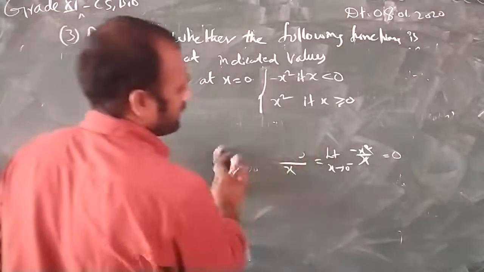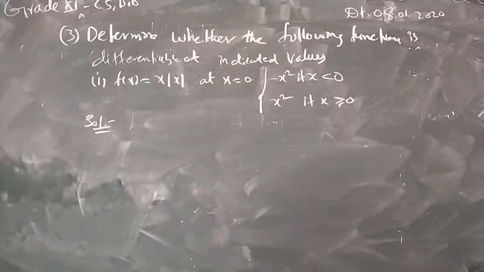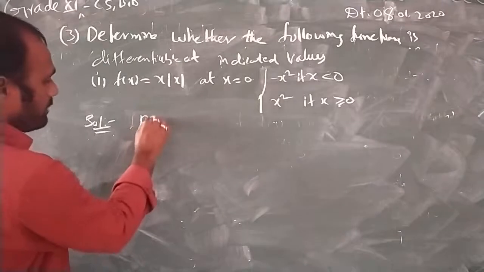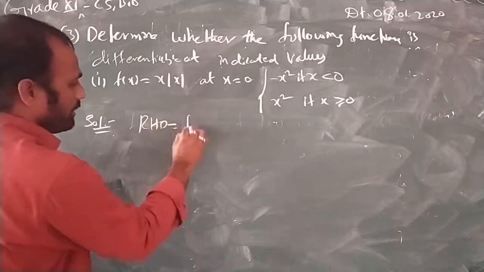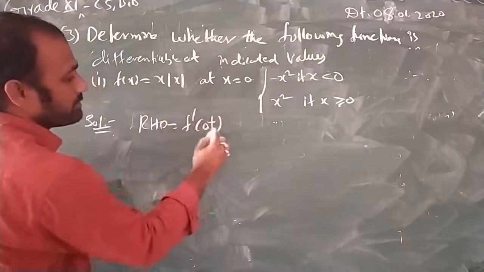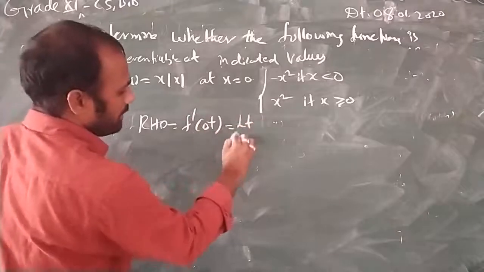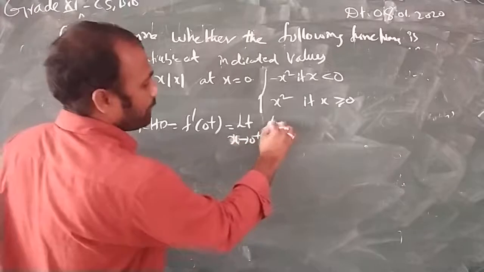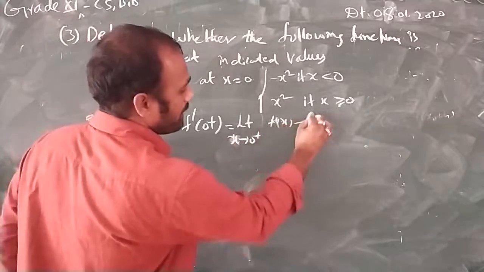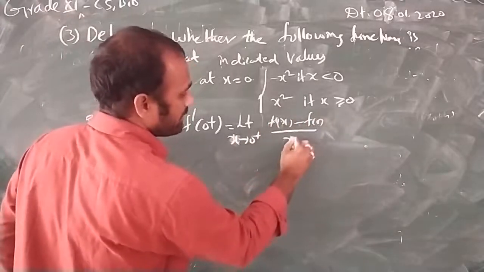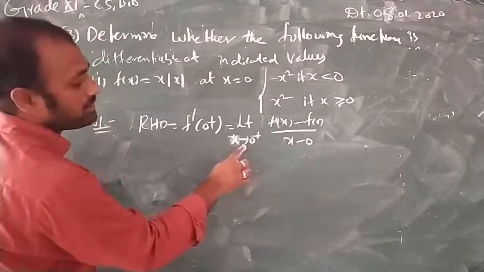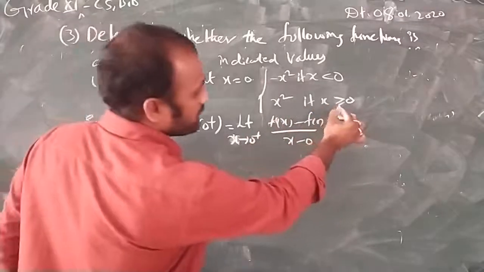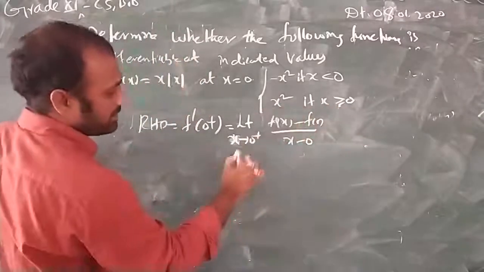Let us find out the right hand derivative as well. The right hand derivative, f dash of 0 plus, is limit x tends to 0 plus of f of x minus f of 0 divided by x minus 0. Since we are taking x more than 0, we have to take the function as x square.